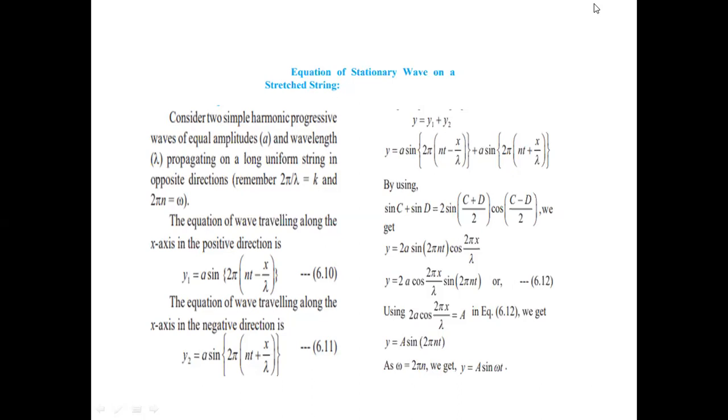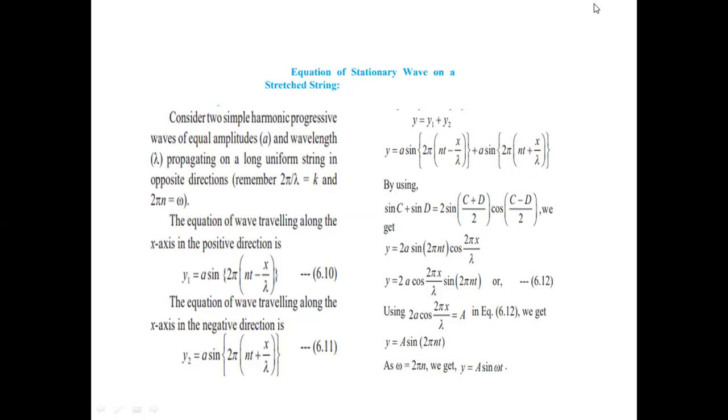In this case, c is 2 pi into nt minus x upon lambda and d is equal to 2 pi into nt plus x upon lambda. By using this identity, we get the displacement as y is equal to 2a sine of 2 pi nt cos of 2 pi x upon lambda.